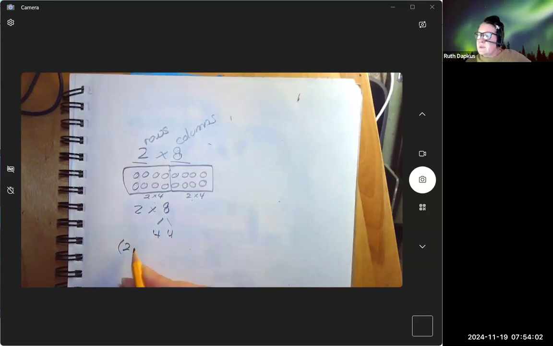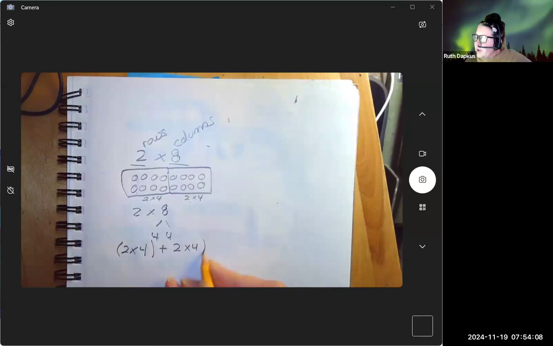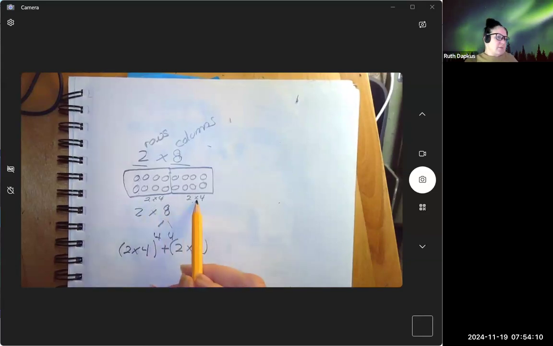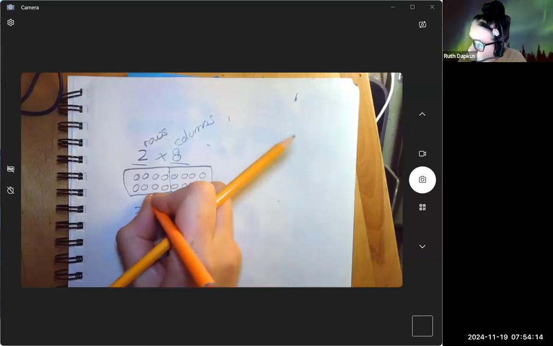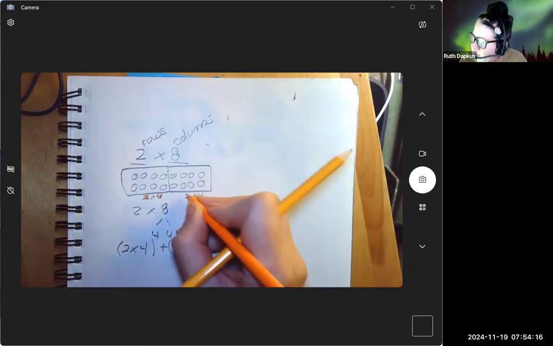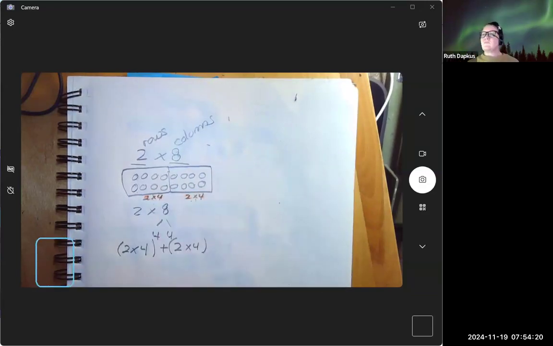So we'd have 2 times 4 plus 2 times 4, because that's what both of these arrays represent. We have a 2 times 4 multiplication fact and a 2 times 4 multiplication fact here. So instead of 2 times 8, it'll be 2 times 4 plus 2 times 4, right?